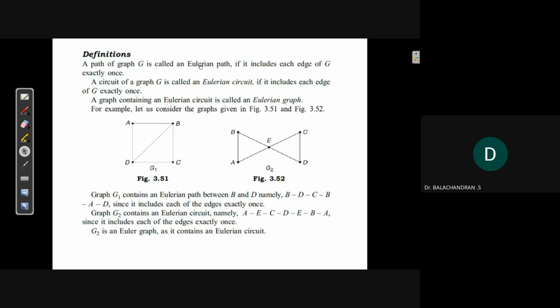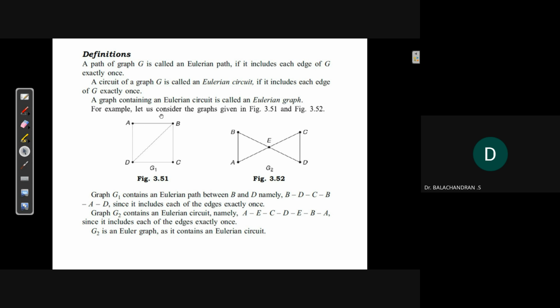A circuit or cycle of G is called an Eulerian circuit if it includes each edge of G exactly once. A graph containing an Eulerian circuit, tour, or trail is called an Eulerian graph.